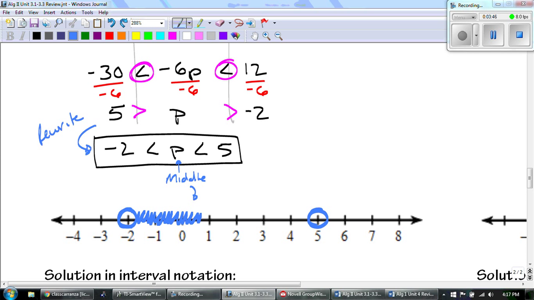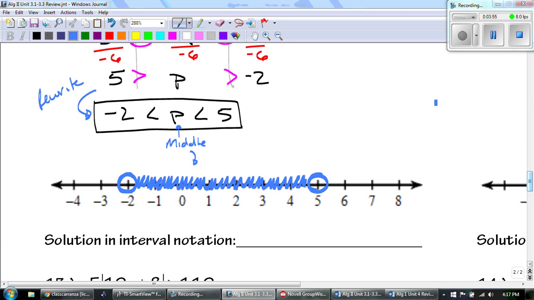Then I'm going to shade the middle, because anything in the middle could be my answer. Writing that in interval notation, we start at negative 2 and it's open, so it's parentheses, and we end at 5 and it's open, so we use parentheses.